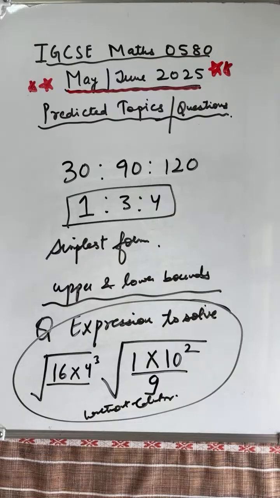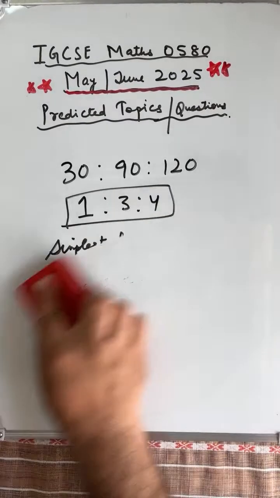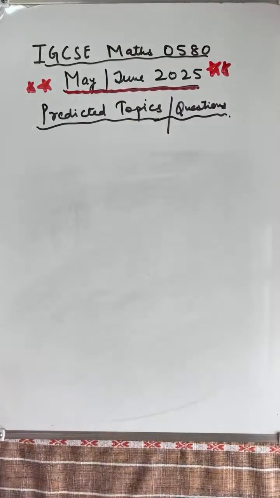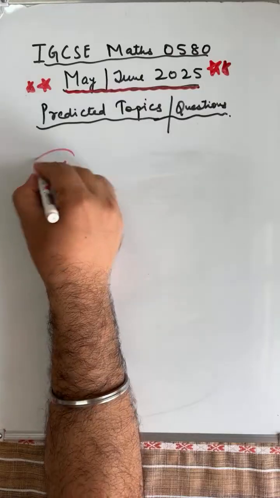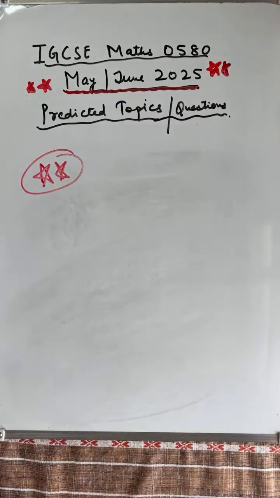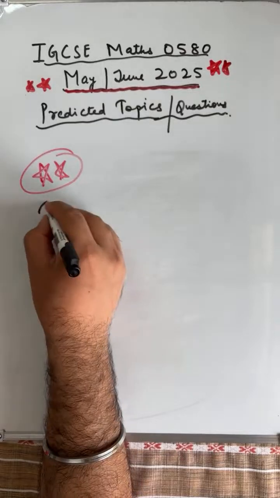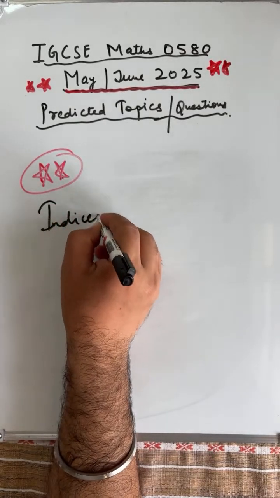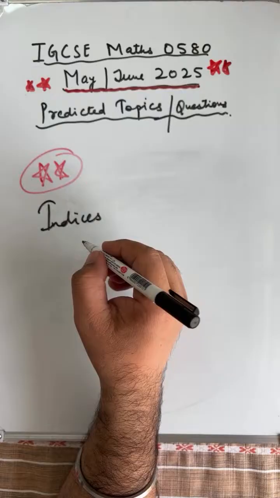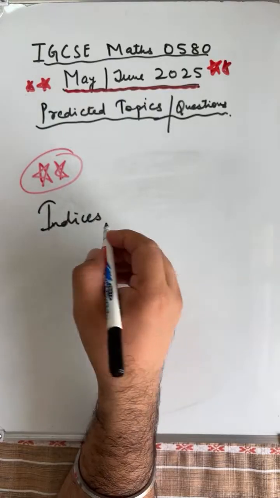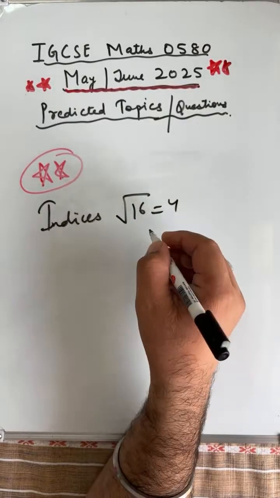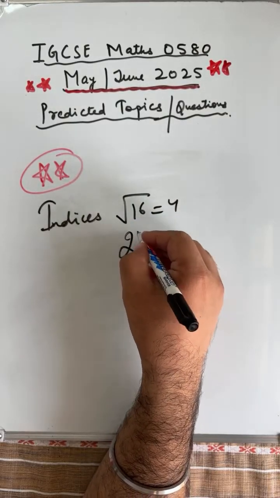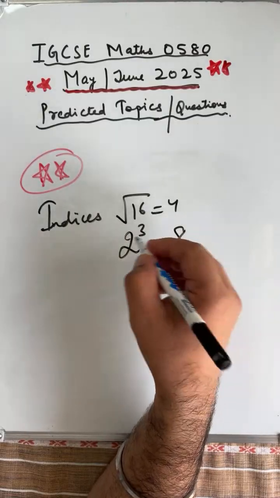Now next we can have indices. This is very important, indices. You must be aware that square root of 16 is 4, or 2 cubed is 8.